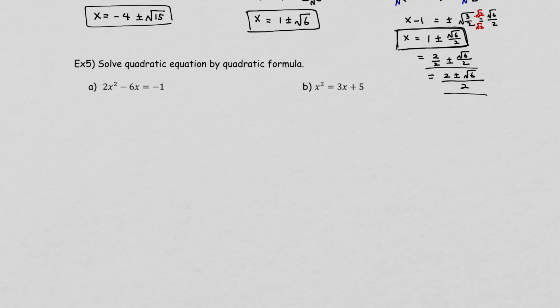One other way of solving a quadratic equation is using the quadratic formula. So in order to use the formula, you need to know the formula, right? If you have a standard form, ax squared plus bx plus c equals 0, then x equals minus b plus or minus square root of b squared minus 4ac, all over 2a.